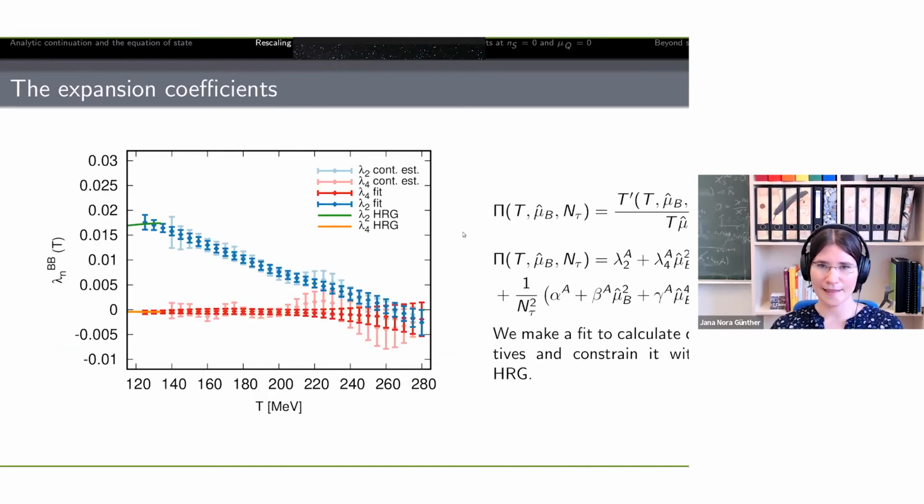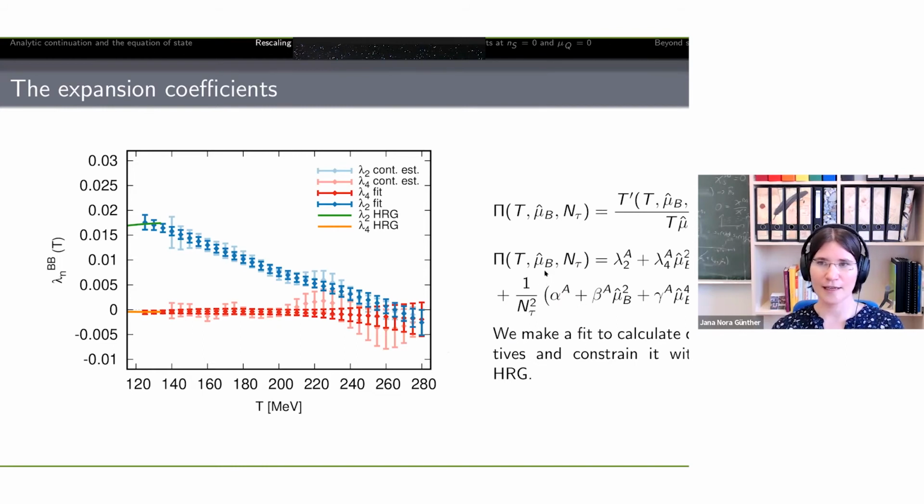Yeah, like I said, we work now with this proxy quantity pi, which we rewrite in terms of some expansion coefficients. We call them lambda here. We call them kappa if we do not divide by the Stefan-Boltzmann limit, to distinguish that in the different papers. And here we also include in a global fit the continuum dependence.